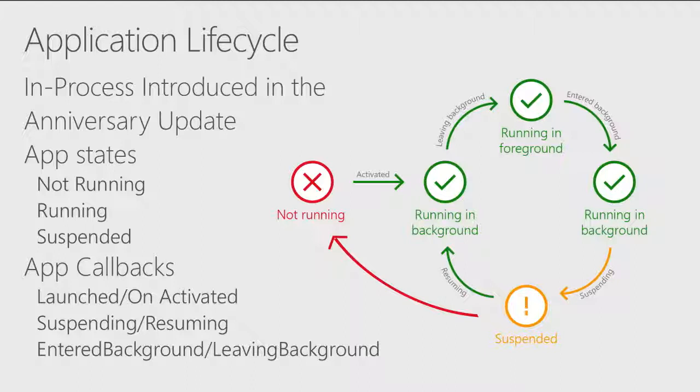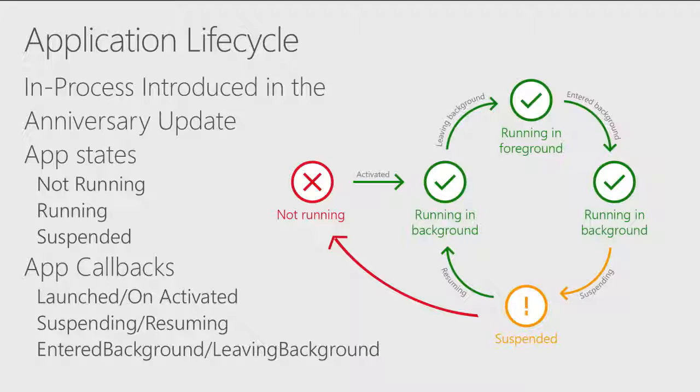So your app could theoretically start by being in the not running state, get activated either by, let's say, a user launching your app or by having a trigger activating your app into the background silently. Then you could start by running in the background, and if it was a launch by a user, then you would move into the foreground, and you as the app developer would receive a leaving background callback.